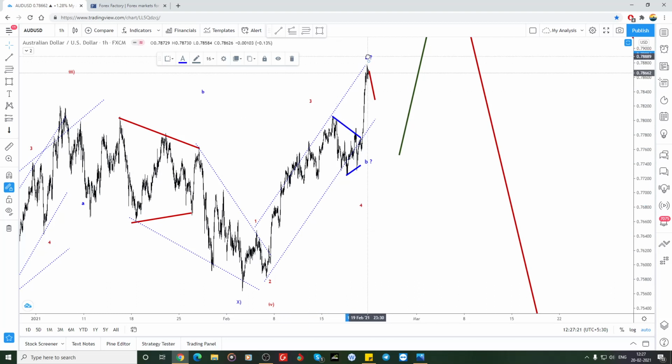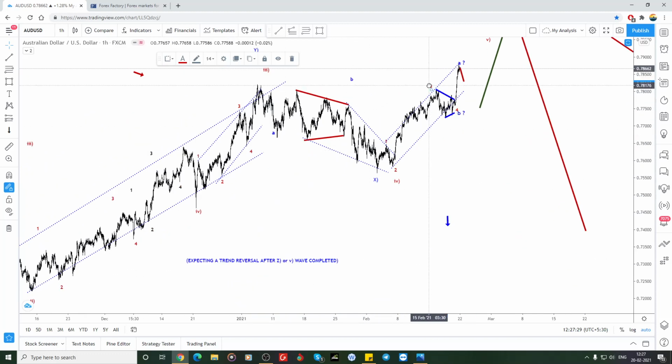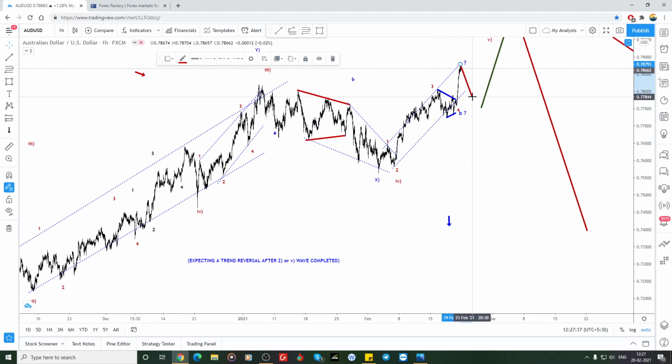So this could be the end of A. So this could be a third. So this could be a fourth, and the channel is also accepting here, the perfect channel from 1, 2, 3, 4, and 5, means we may see a little bit of consolidation for that B wave.